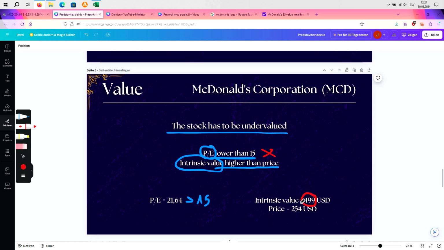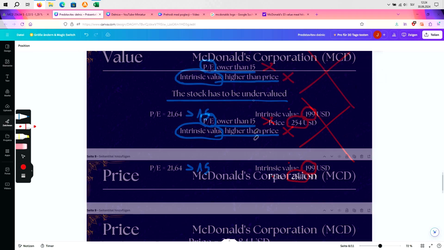But the actual price is around $250, which is $50 more than it should have been. In that case, this stock is also overvalued in terms of the intrinsic value. Basically, intrinsic value is what the company should have and price is what it currently has. So the stock in that case is overvalued.